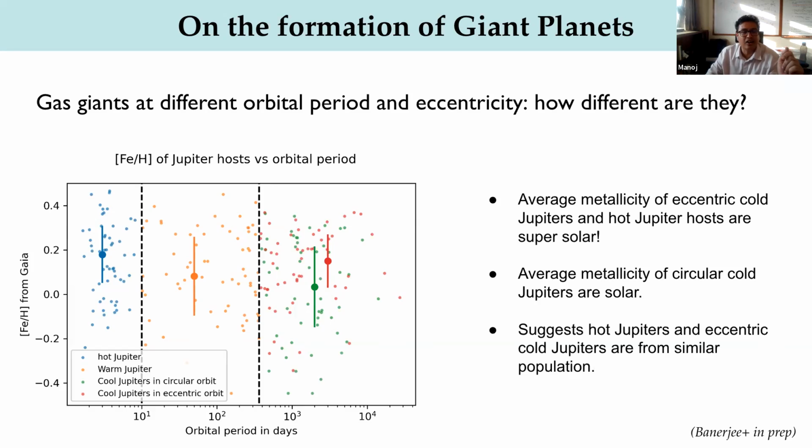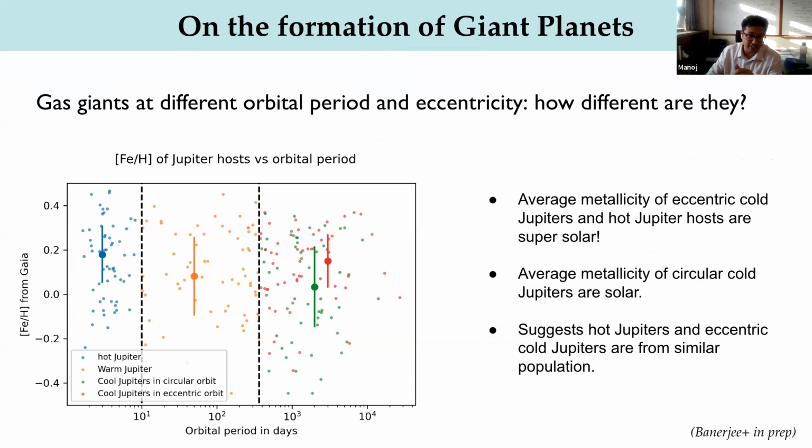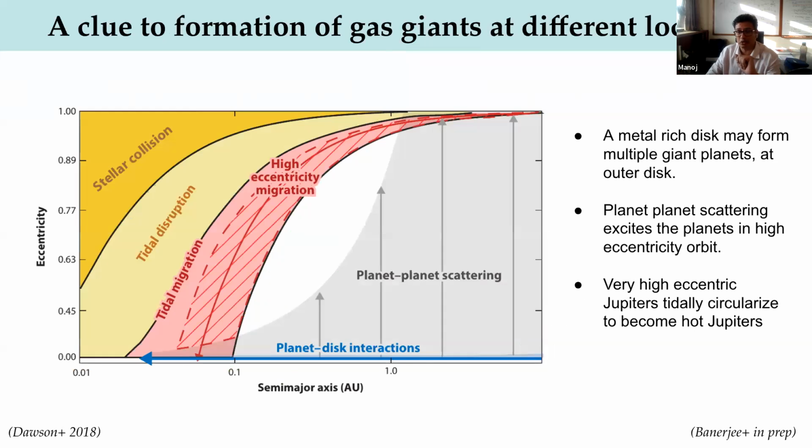It's a slightly complex concept, but the idea is that high eccentricity Jupiters can migrate inwards, and once they're close to the central star, they can tidally circularize, and that's one formation pathway for hot Jupiters. If the disk is of higher metallicity, that can aid and accelerate this process, and that is probably what we are seeing here. But I don't want to spend too much time on this.